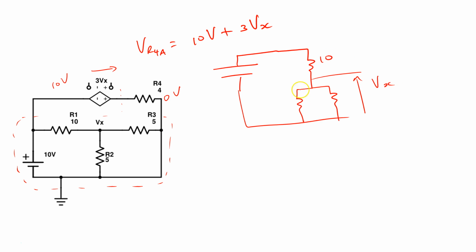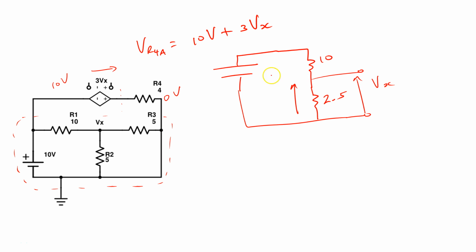So this is 10, and we have 5 and 5, which reduces to 2.5 ohms if we use our equation to find equivalent parallel resistance.